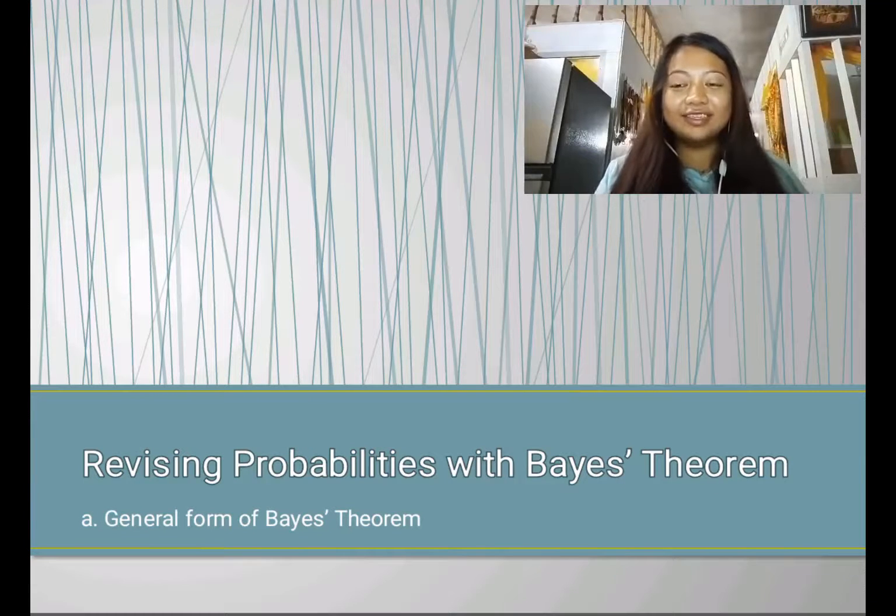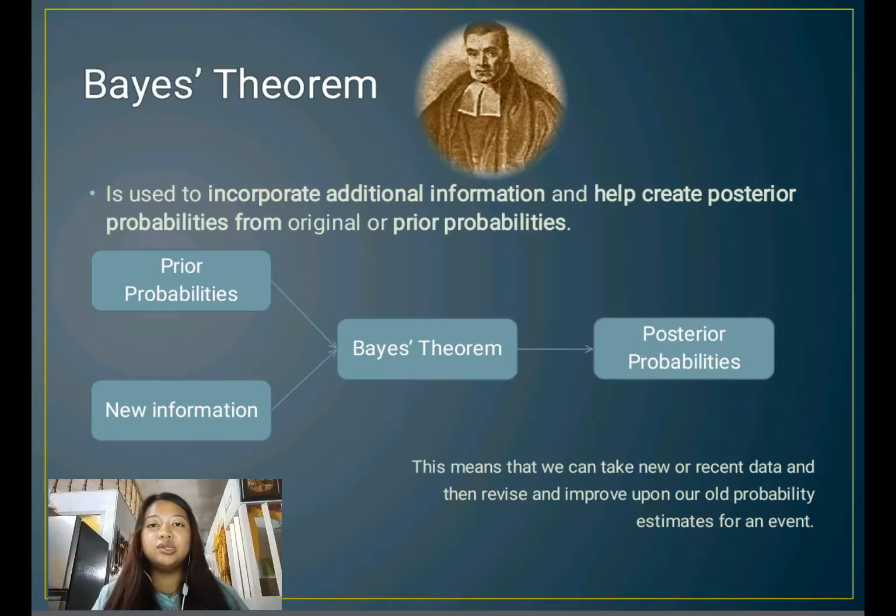Hi, I am Zyrene Jade Broncano, and I am going to report about revising probabilities with Bayes' theorem and then the general form of Bayes' theorem. Bayes' theorem is used to incorporate additional information and help create posterior probabilities from original or prior probabilities. Shown here below is the graph about Bayes' theorem.